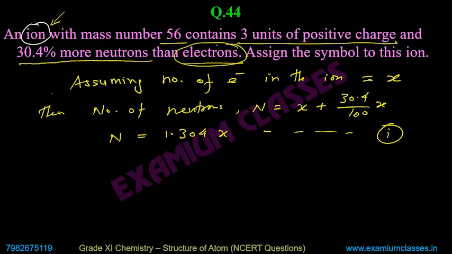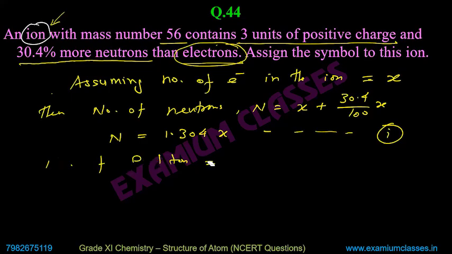But in the element, or you can say if the atomic number is p, the number of protons will be the number of electrons in the ion plus 3, because the ion has lost 3 electrons.